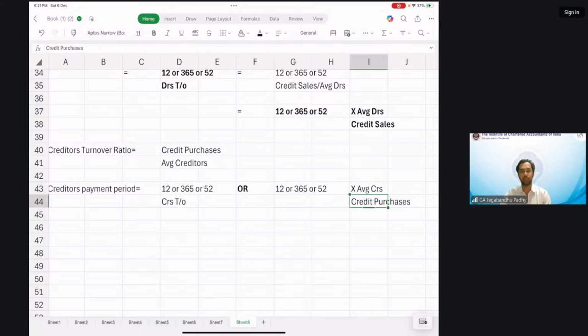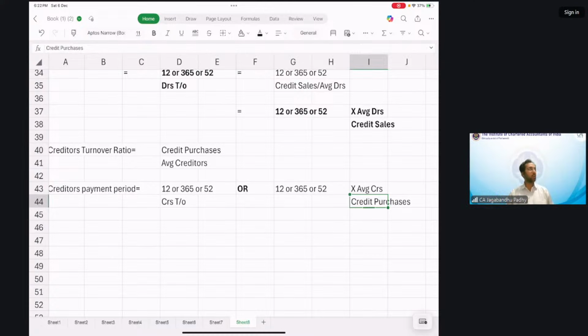Correct. Okay, good. So these are some of the inventory turnover ratios or activity ratios that we were discussing, right? Now, there are a few other activity ratios from which we may not be able to draw easy conclusions.